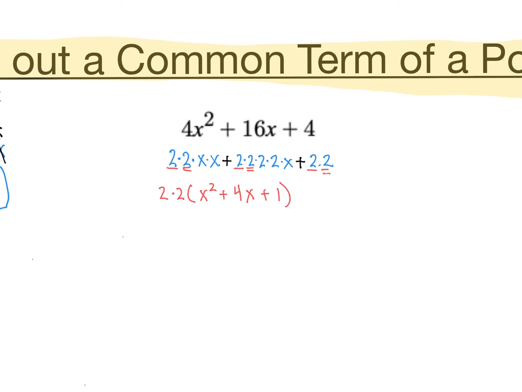You can't just put a 0. So when I clean these up, bringing everything down, I got 2 times 2, which is going to give me 4x squared plus 4x plus 1.